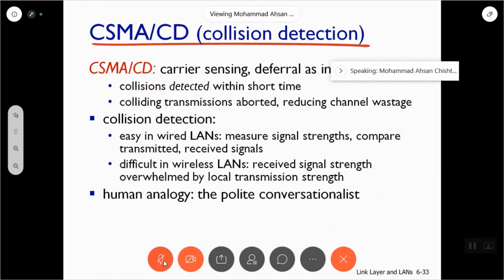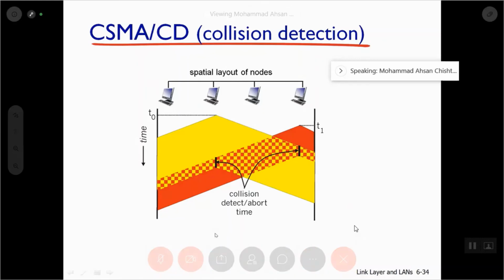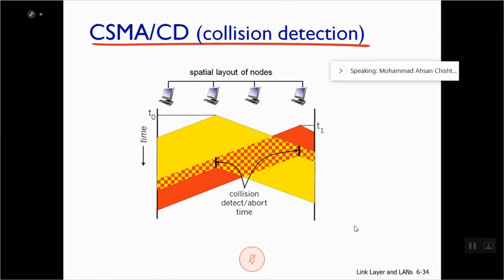The second one that we just now discussed, the CSMA-CD, in which we had carrier sensing as well as collision detection. This depicts that.